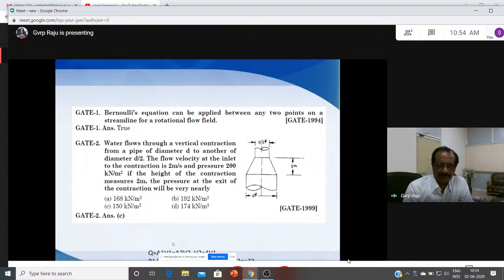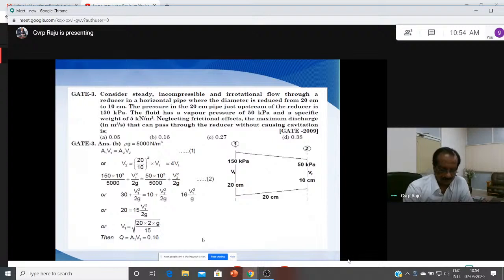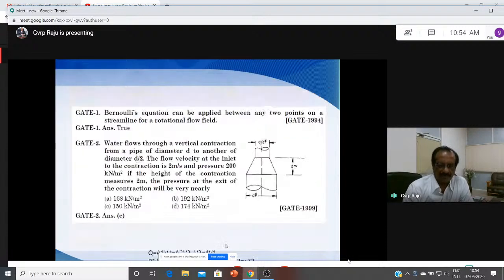So Q is equal to A1 V1 is equal to A2 V2. So we can substitute the values here. A1 is pi D square by 4 into V1, and A2 is pi (D by 2) whole square by 4.